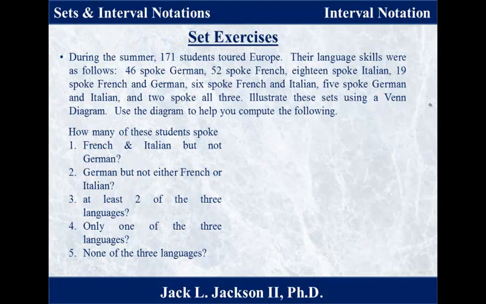It also includes the 5 that spoke German and Italian, and it also includes the 19 that spoke French and German. But now that 19 that spoke French and German and the 5 that spoke German and Italian, 2 of those are the same people. So we want to make sure that we're really careful that we didn't double count people.